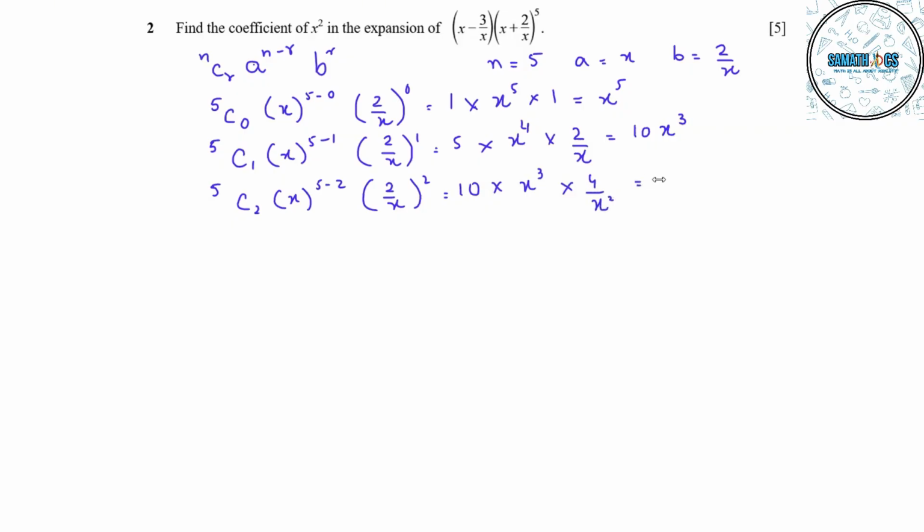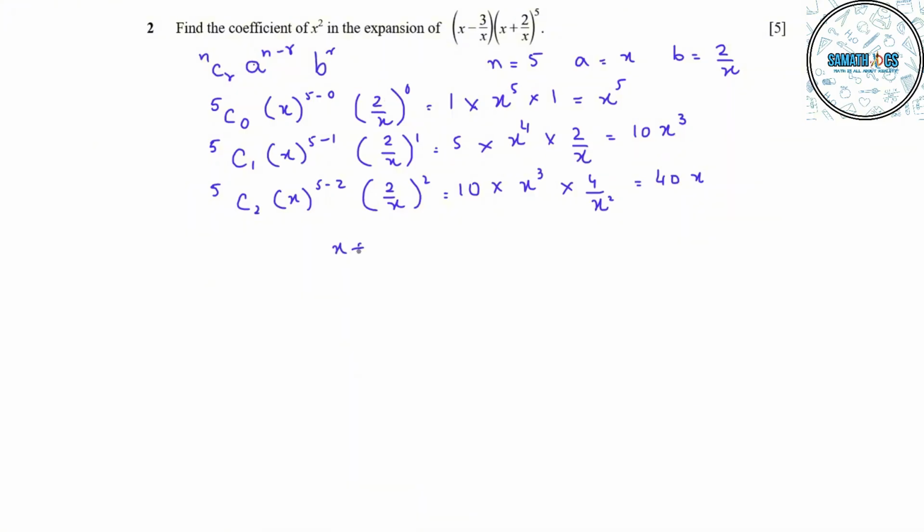Equal to 40x. As we have to multiply it by x minus 3 upon x, when we multiply x by x, we will be getting x squared. When we multiply 10x cubed by 3 upon x, we will be getting the term in x squared. As we require the term in x squared, we don't need to expand it further.